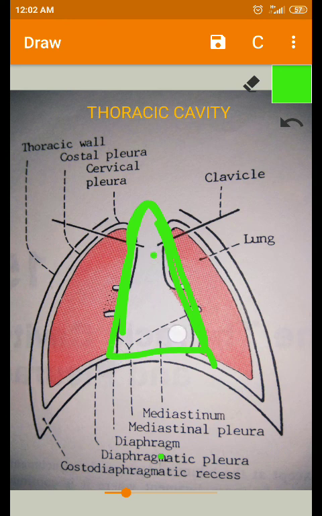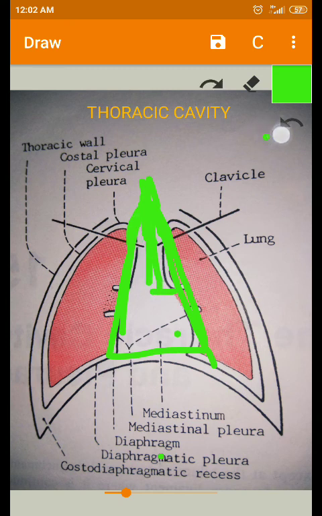The heart lies in the mediastinum. Here in this space, many structures will pass through. Whatever structures we have seen in the inlet of thorax will pass through this mediastinum.